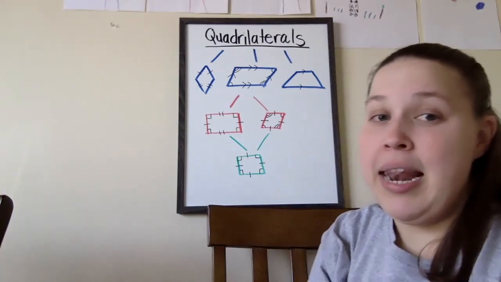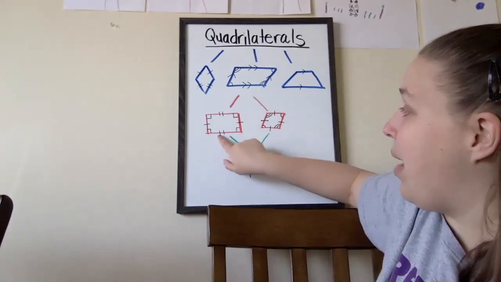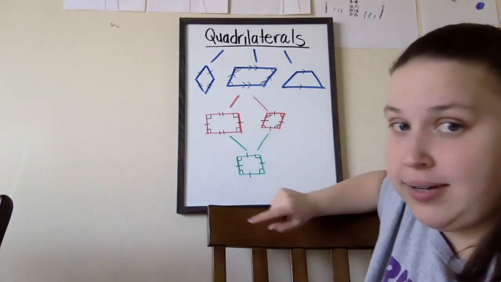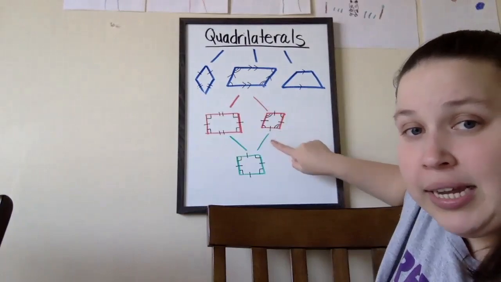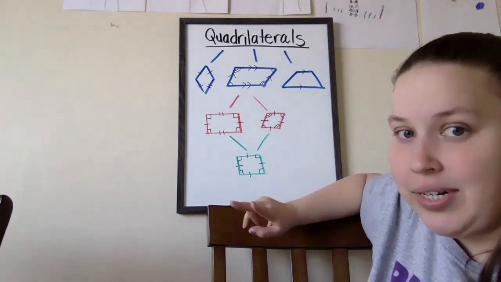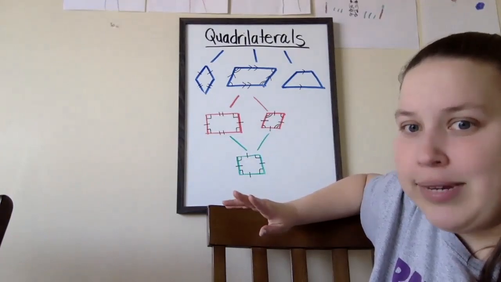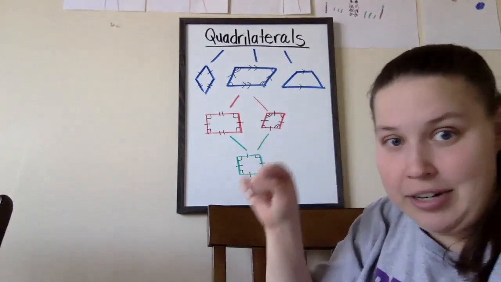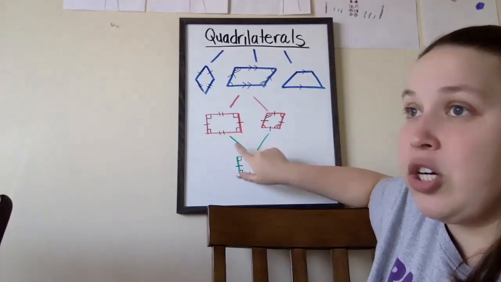Okay, now here underneath the parallelogram, I have 2 more shapes. I have a rectangle and a rhombus. Looking at these, what do you notice that is the same or that is different? Okay, so we know they have congruent sides because we're seeing the straight line through it. Looking at the rectangle, opposite sides are congruent.